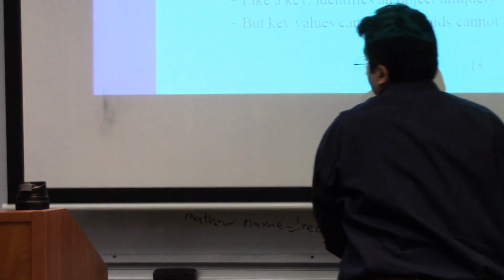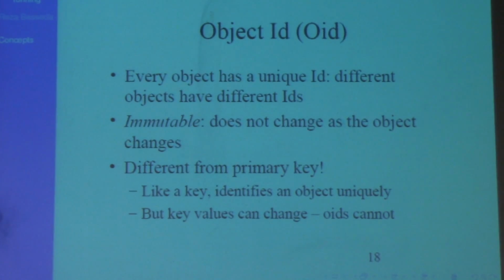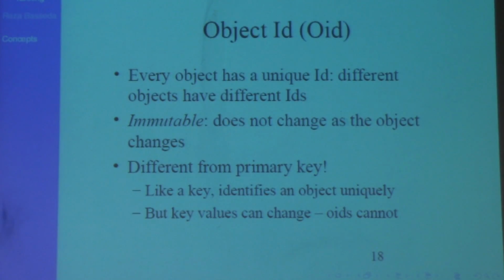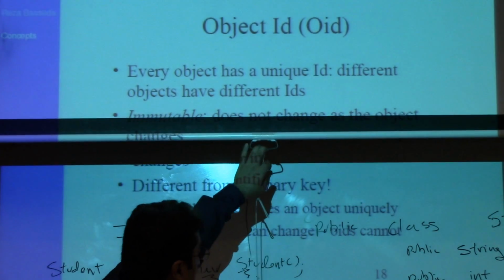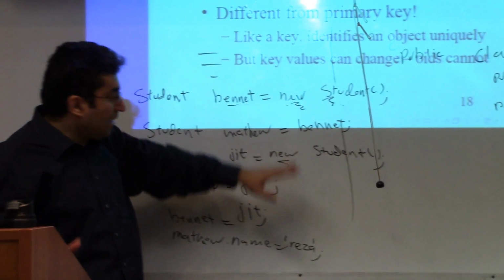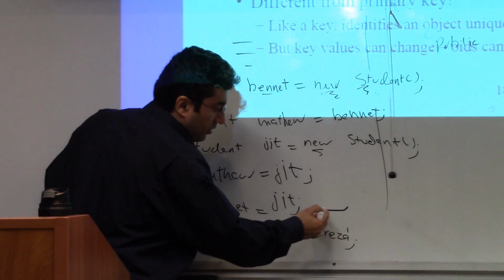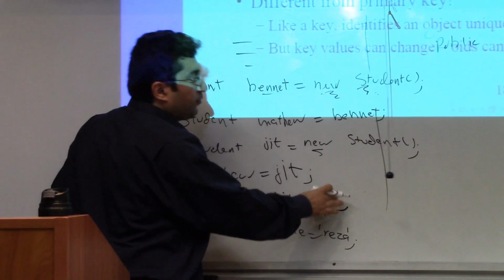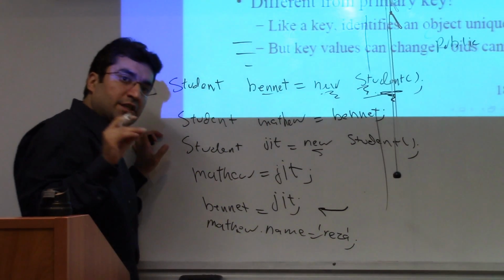Similar to that concept here with the object-oriented databases, the main concept is object ID. And this is immutable, similar to Java. In Java, when you create an object, until the object exists in the Java virtual machine, basically this ID exists in the Java virtual machine, which always keeps it.